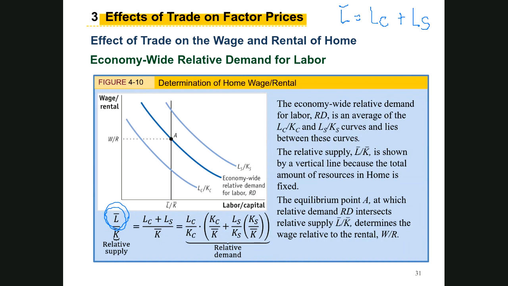This is the first equal sign, which simply separates total labor in the home country into two terms. So what do we have here? We have LC over K bar plus LS over K bar.